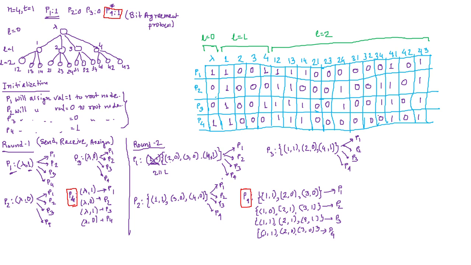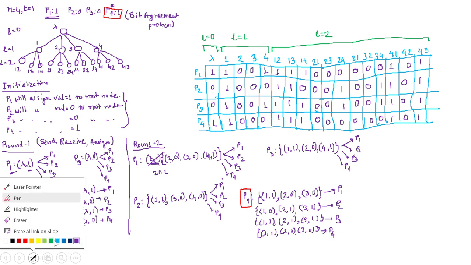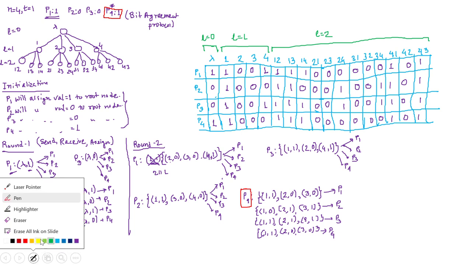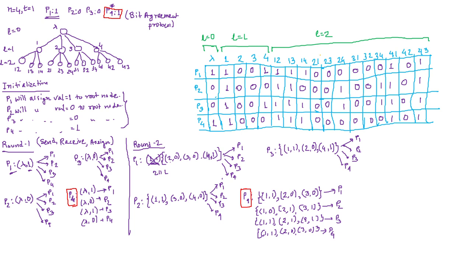Now one thing you should notice is that P4 is the corrupted party, right? So at label 1 you can see that all the columns except the column having label or tag 4 have the same values throughout all rows, right?